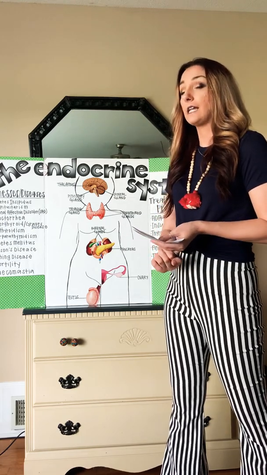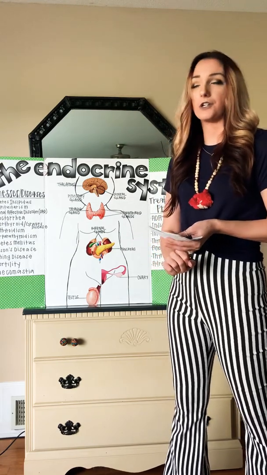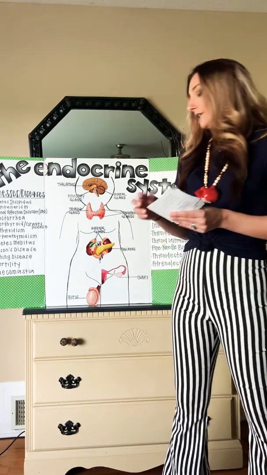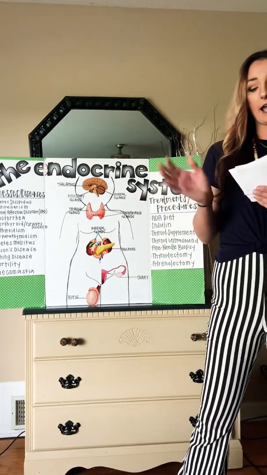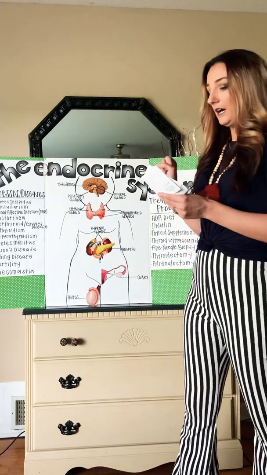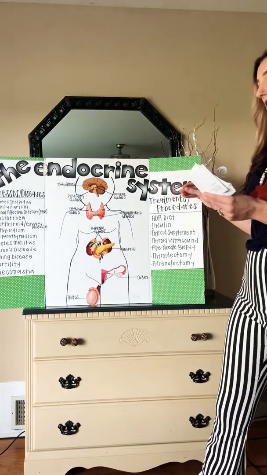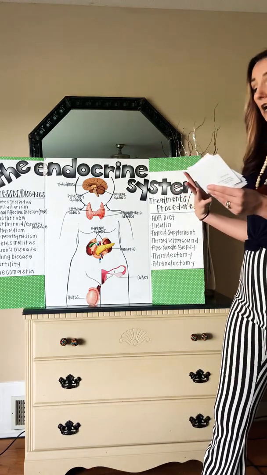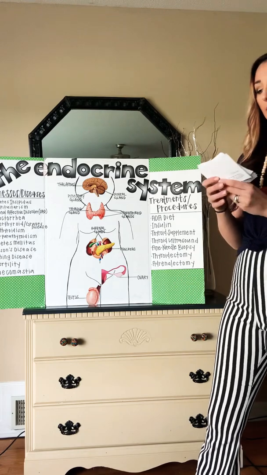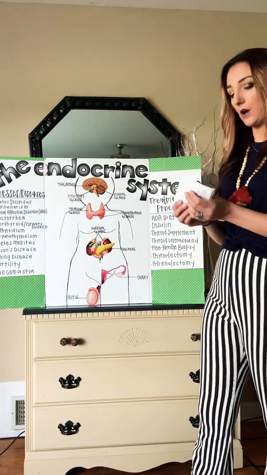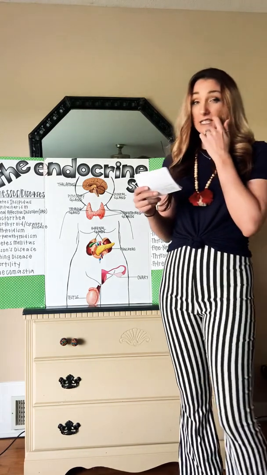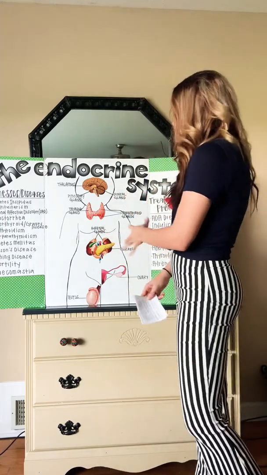Definitely a bigger one of the diseases in the endocrine system. So after that, we have Addison's disease, which is caused by a decreased release of cortisol, and it is an autoimmune disorder also. It is tied to adrenal insufficiency.